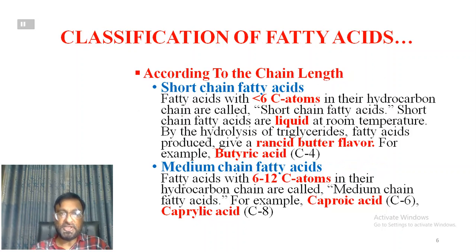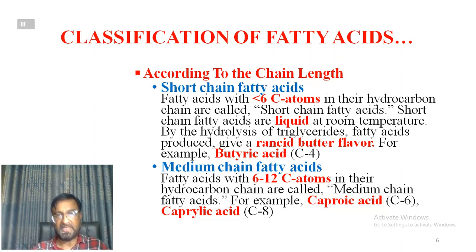According to the chain length, we can classify them as short chain fatty acids, medium chain fatty acids, and long chain fatty acids. Short chain fatty acids contain carbon atoms less than 6 and have lower melting points.